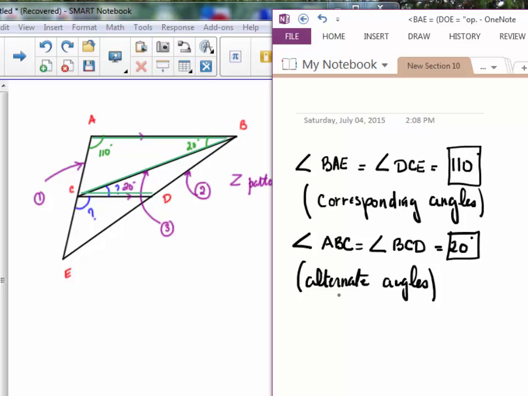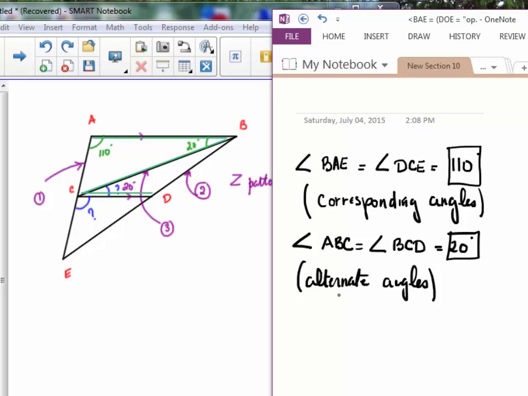I hope with this small example we understood very well the three relationships between angles in case of two parallel lines and one transversal line. We can find the alternate angles, we can find the corresponding angles, and we can know that if I find any two interior angles, their sum equals 180.